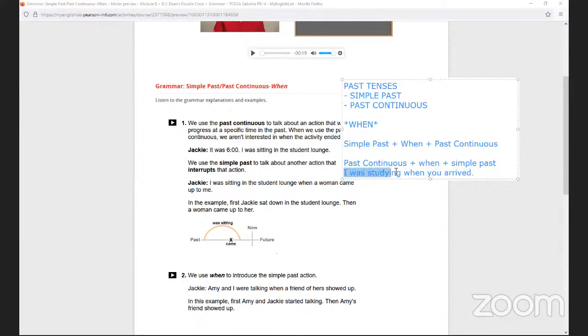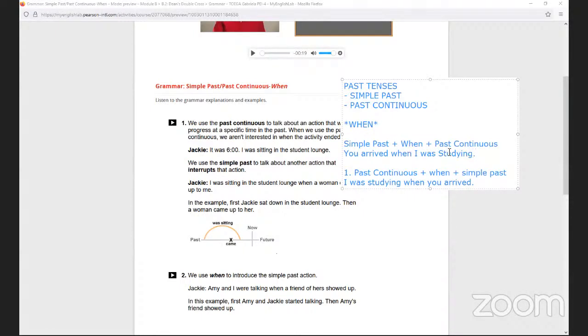But in this part, I am telling about an action that was in progressive, okay? So always we're going to start. The most common way to use these two sentences in only one is this structure, okay? Of course, there are some others that they use like this in the first one. For example, I can say the same as the other: I arrived when I was studying.